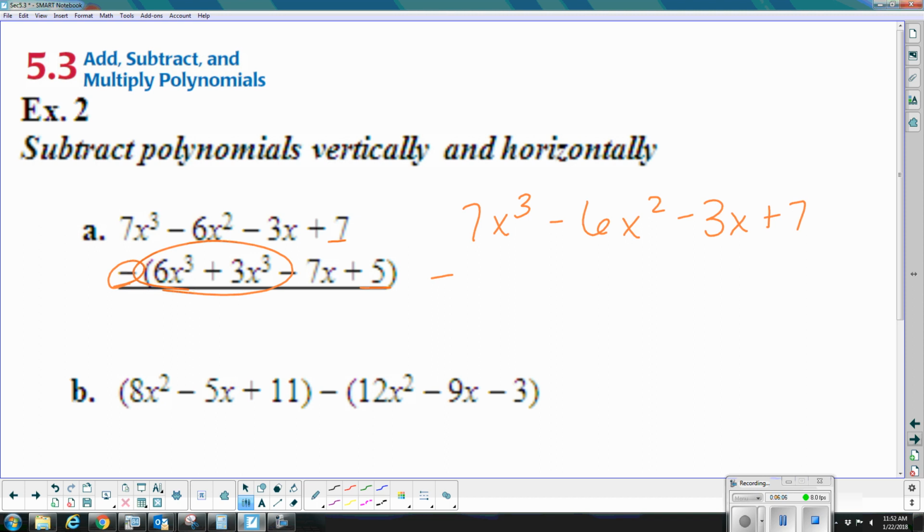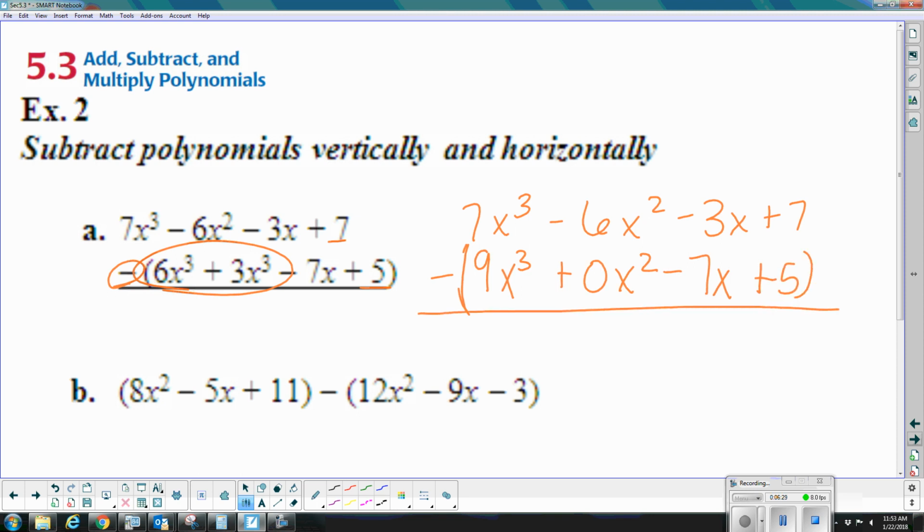So order of operations says do your parentheses first. So we have to do parentheses first, and we end up with subtracting 9x cubed, and then 0x squared, and subtracting from a negative 7x, and a positive 5.